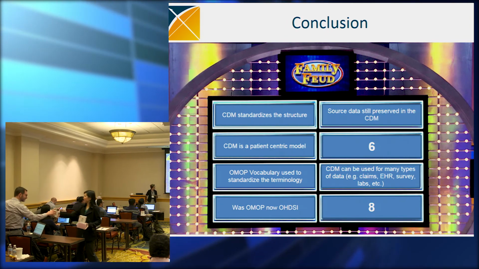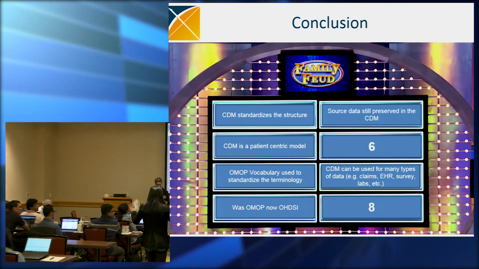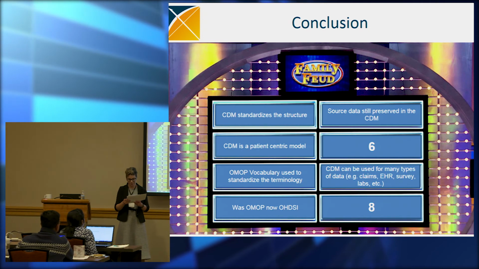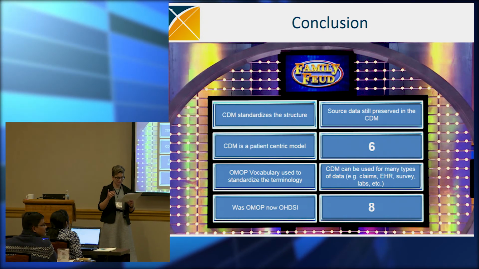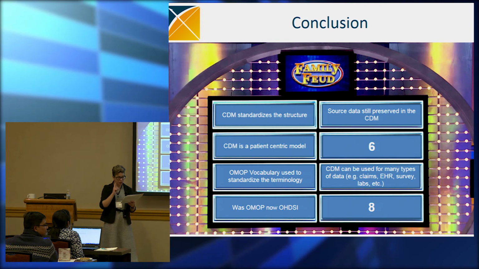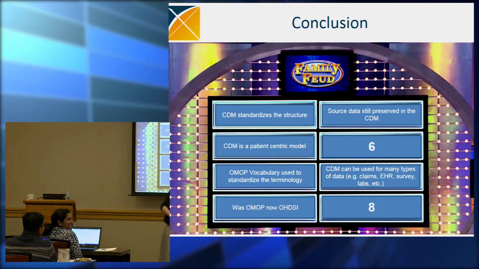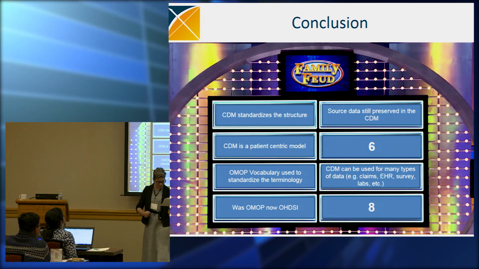Very good. Okay, you guys, there are only two more prizes left. The mappings are preserved as well. Maybe not as important, but having the source concept, yes, that is a true statement. Not on the Family Feud.